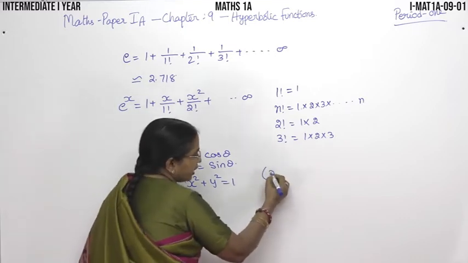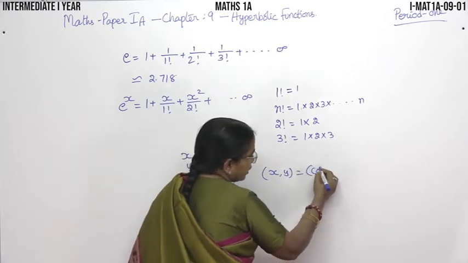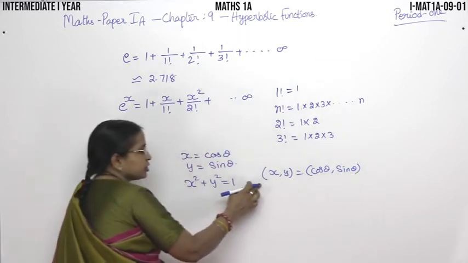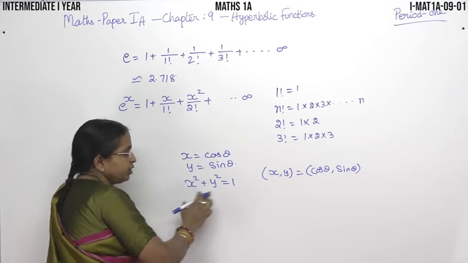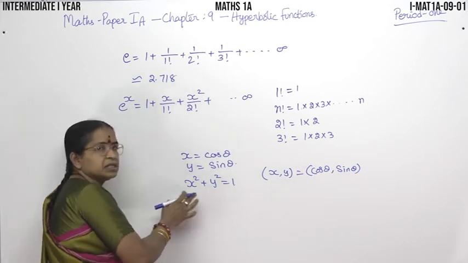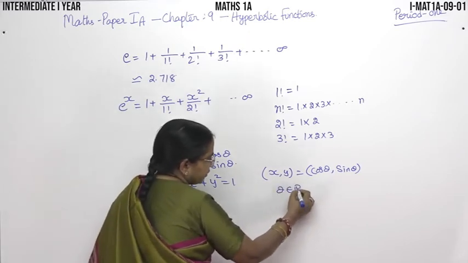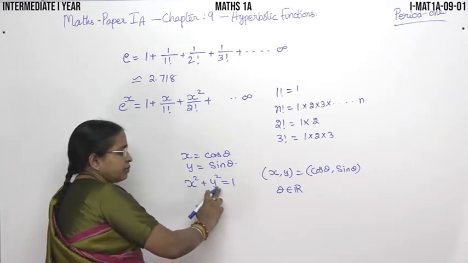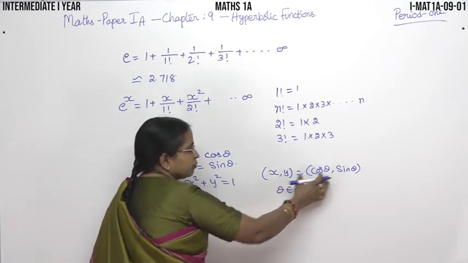So the point (cos theta, sin theta) is the most general point which satisfies this equation. This point always lies on this circle. This represents a circle, and here theta is any real number, which represents an angle. So x square plus y square is equal to 1 is satisfied by this point.